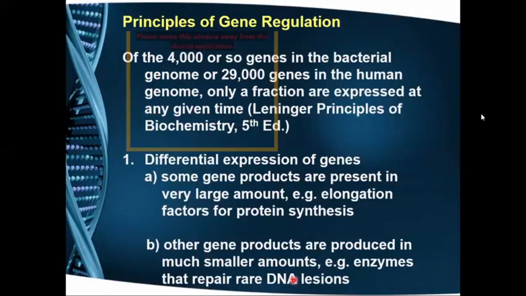So of the 4,000 or so genes in the bacterial genome, or 29,000 genes in the human genome, only a fraction are expressed at a given time. Only some are expressed at any given time.